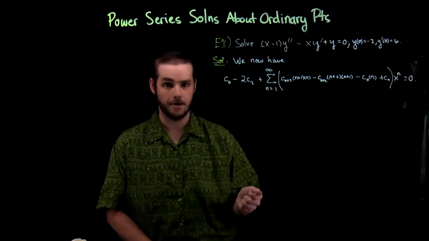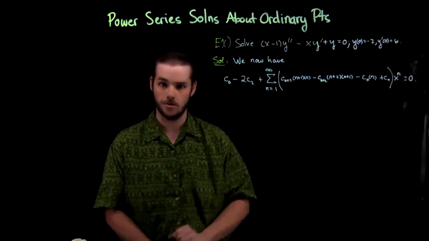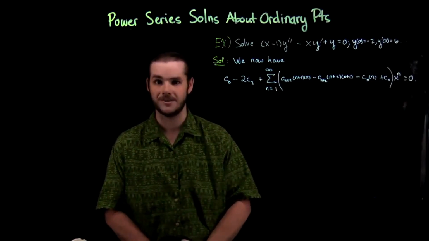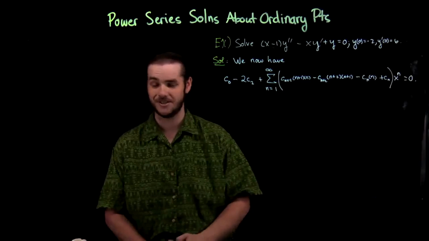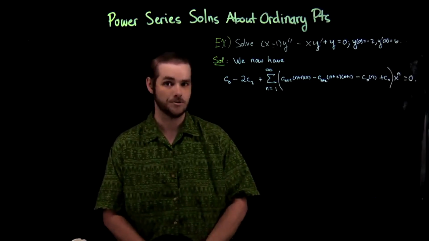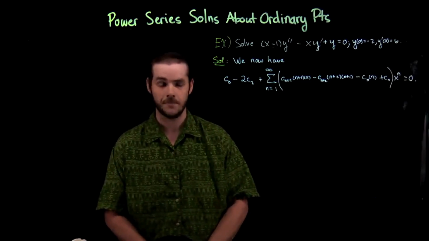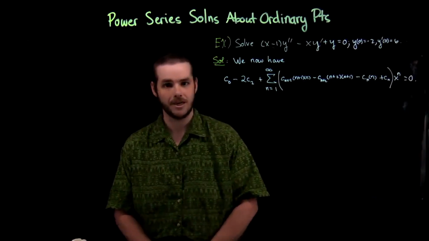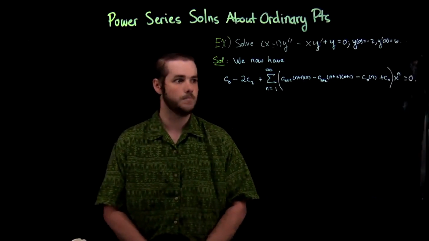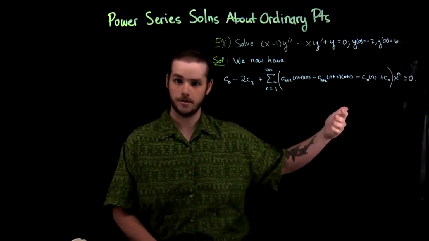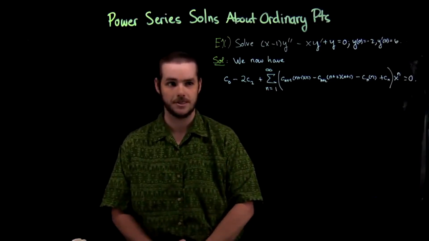The only way, though, for a polynomial to be equal to 0, regardless of the input, is if the polynomial was 0 itself. Remember, x is a variable, and it can take on multiple different values. So the only way to guarantee I get 0 is by setting every power of x's coefficient to 0.